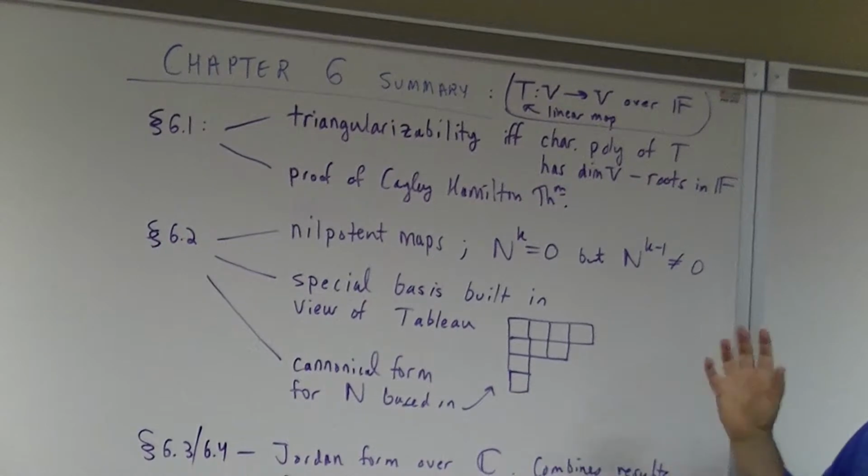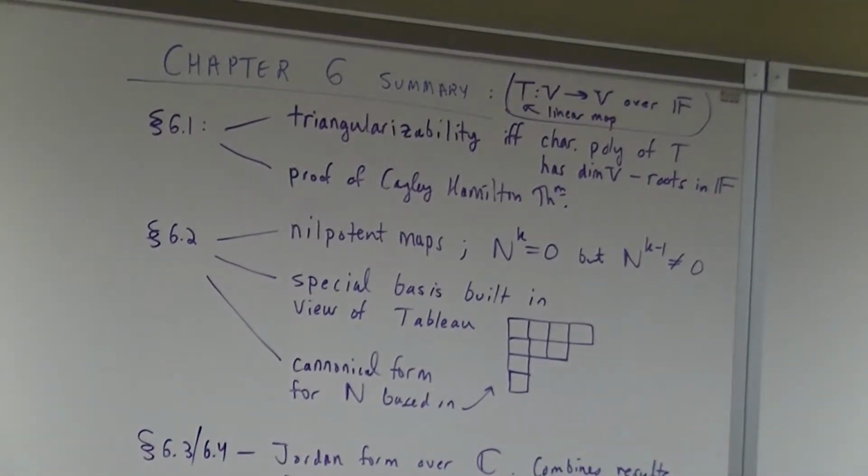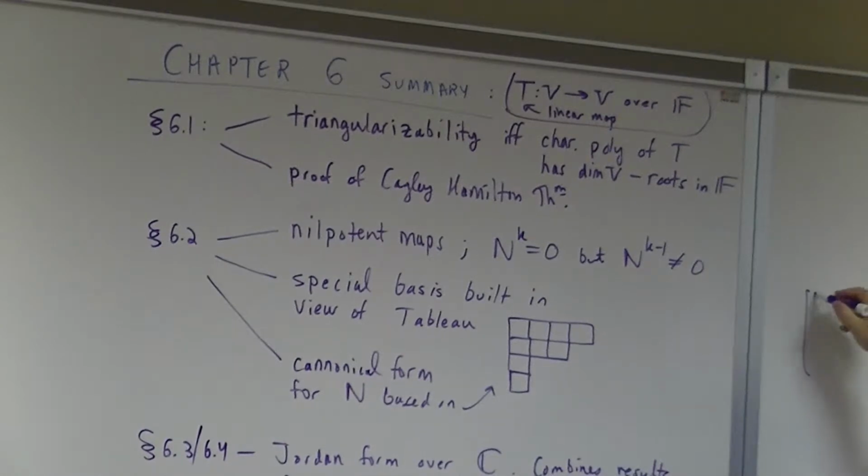So the matrix that you get looks like the matrix you got for the t-cyclic basis, except instead of having that last column with non-zero things, you get something like this.